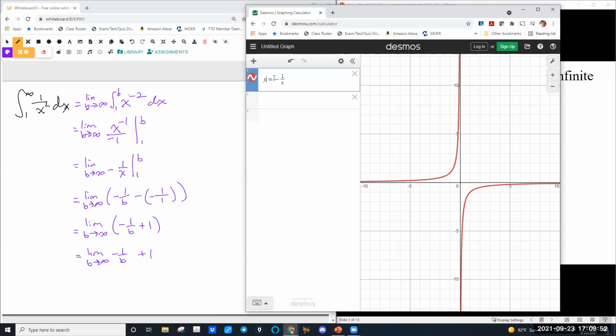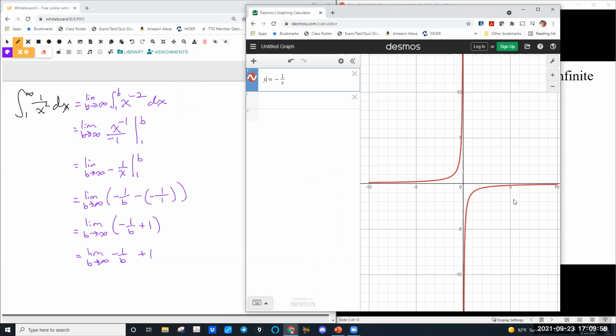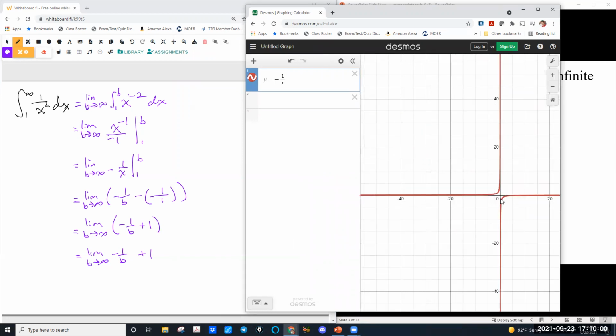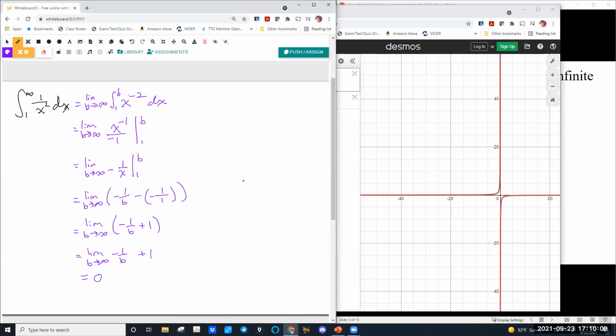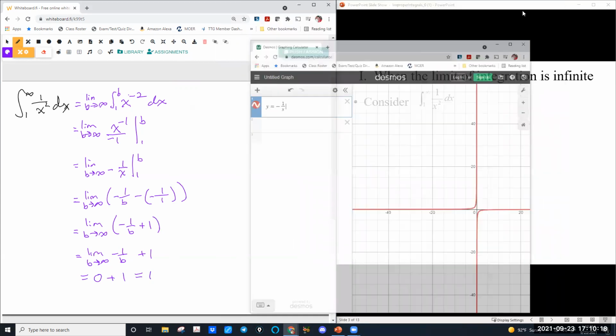Remember what we're doing: b is going to infinity, and now we can see really clearly, even if I zoom out, as we go to infinity, the function is going to 0. So that limit goes to 0, and like Mark said, plus 1. This equals 1. And so that is the answer to our improper integral.